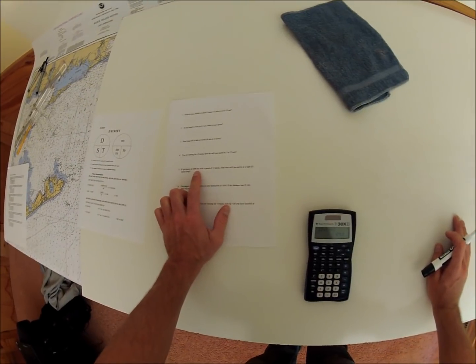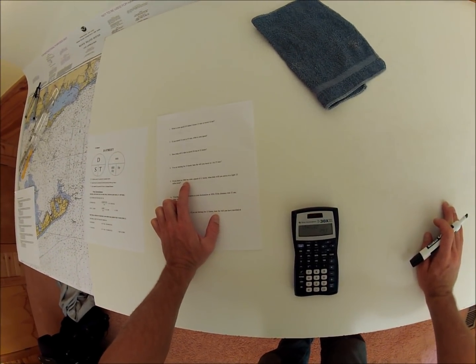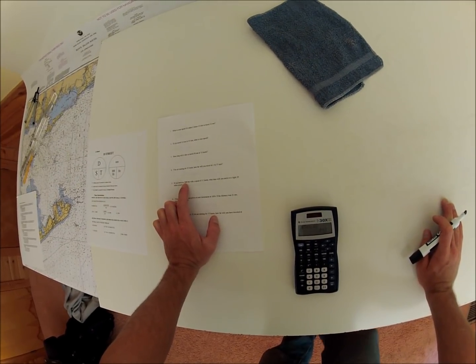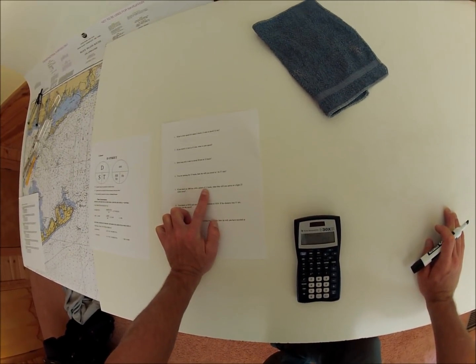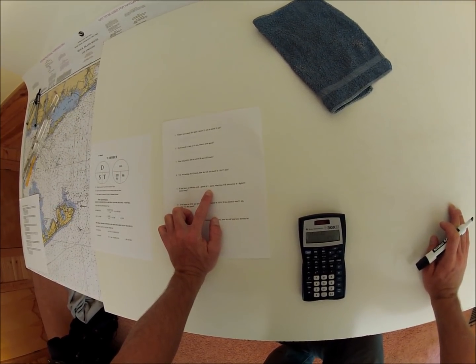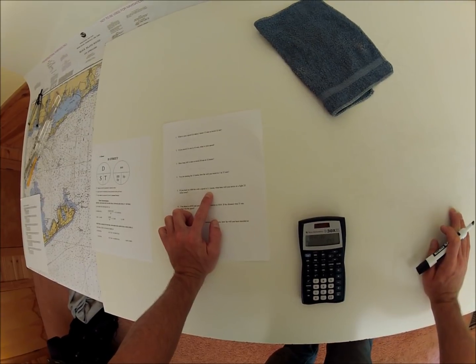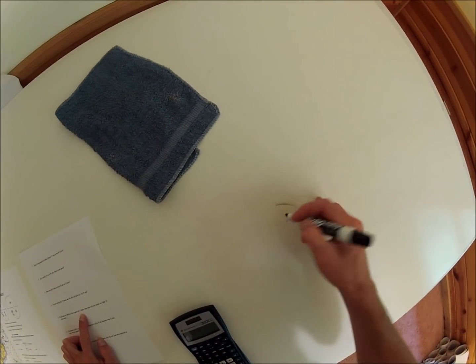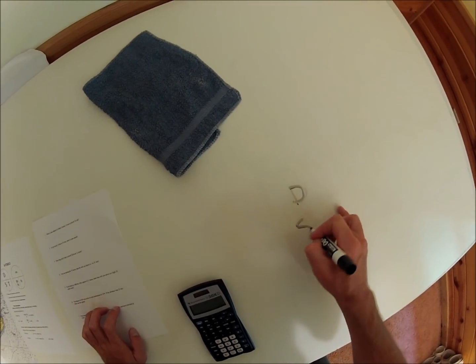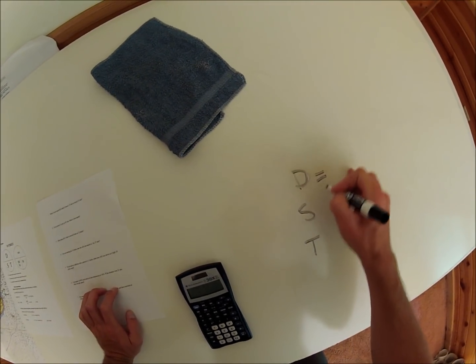Okay. Now we're on 5. If you leave at 10 o'clock, or 10:00 hours, with a speed of 11 knots, what time will you arrive at a light 25 miles away? Okay, again, we know distance, speed, time.